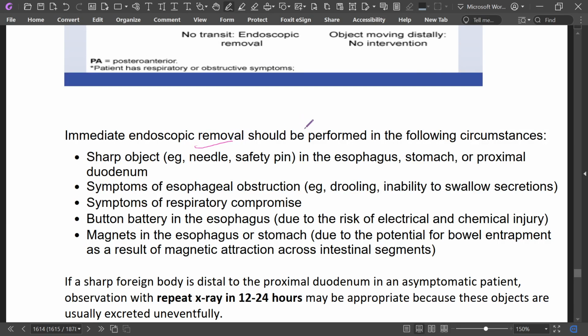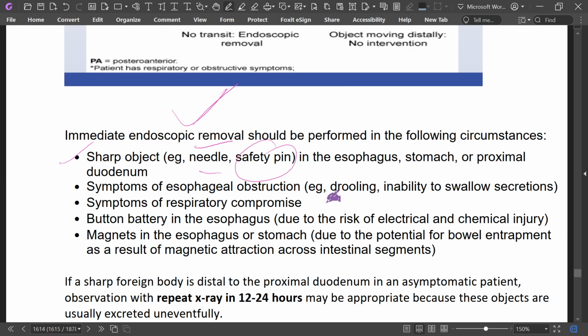Immediate endoscopic removal should be performed in the following circumstances. Sharp object: if a needle or safety pin has entered the esophagus, stomach, or duodenum, endoscopic removal should be done.